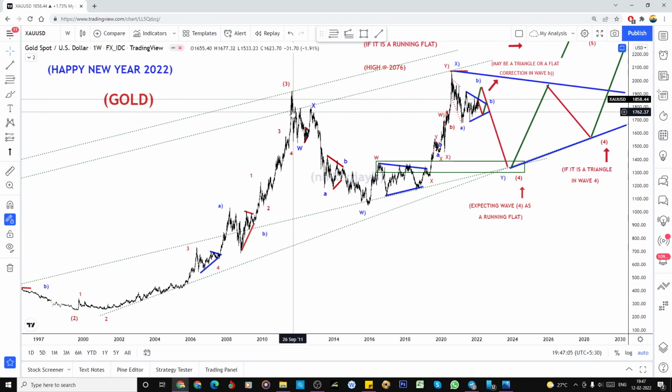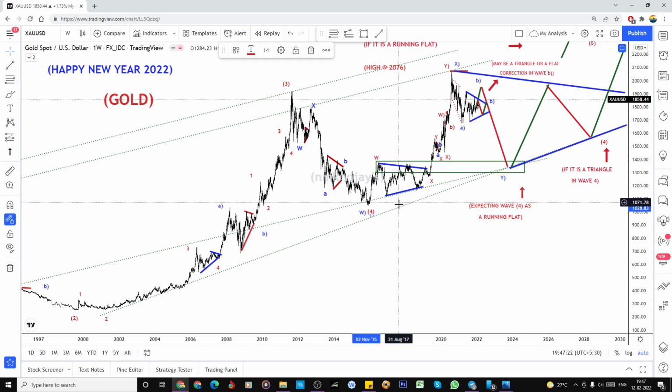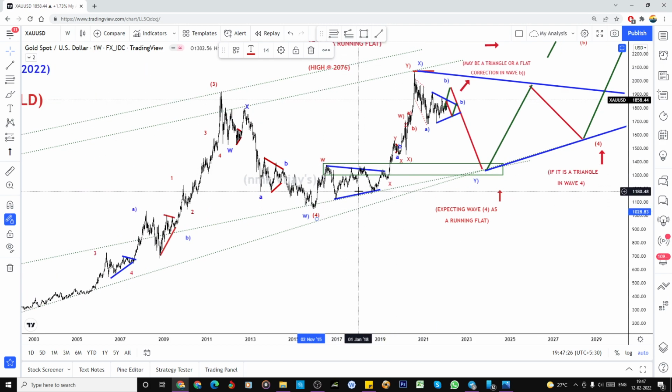This is looking like W X A B C. So this is looking like three-wave structures, all three-wave structures. Once this has completed, this could be the fourth wave. Once the correction has completed, we need the fifth wave, but the fifth wave is also not looking like it.